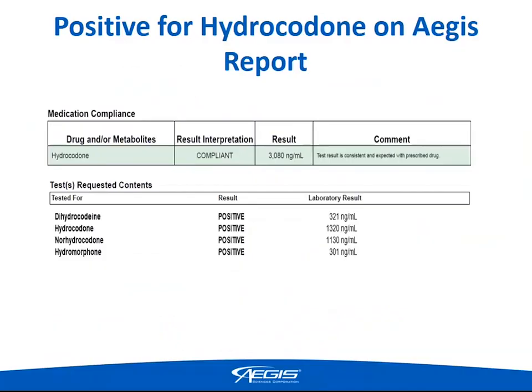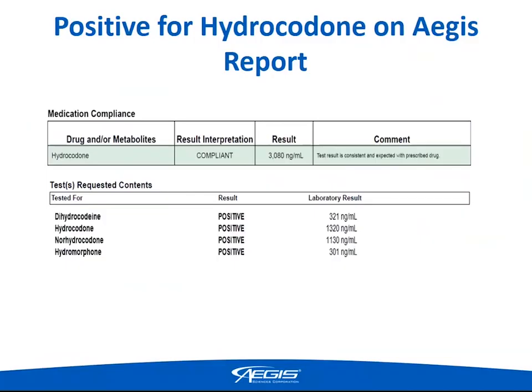The next few slides will include a few Aegis urine sample reports demonstrating positive results for prescribed opioids. This specific example is for hydrocodone on definitive testing via mass spectrometry. I would like you to focus your attention more on the style of reporting and the presence of biomarkers and less on the concentration present, as it will vary significantly from patient to patient due to pharmacokinetic and pharmacogenetic variability.